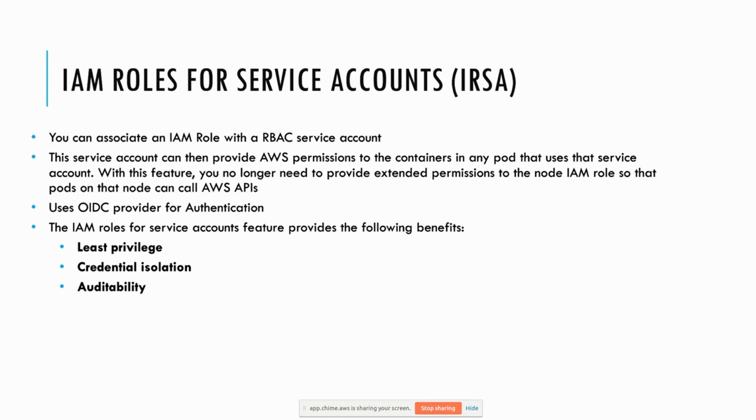So what ended up happening was you gave the role attached to EC2 access to many different services, be it Lambdas, RDS, Secrets Manager, and even though only one pod was using that service, every pod would have access by default because they're all sharing that same node role.